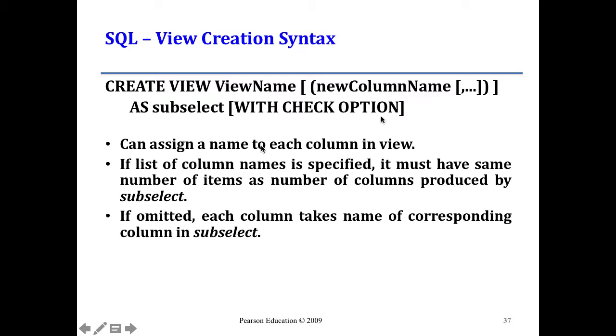So you may be able to update a view by either changing the columns or deleting tuples or adding tuples. And the with check option says whether the SQL optimizer should check whether the tuple you're inserting actually meets the requirements of the defining query.